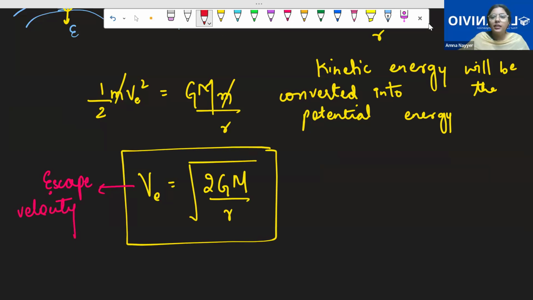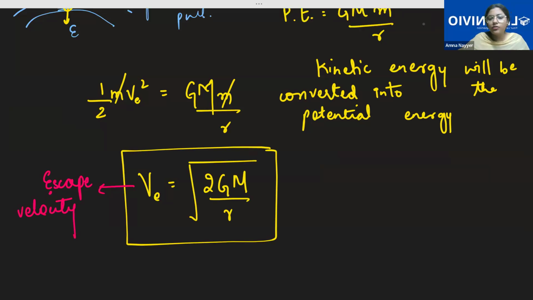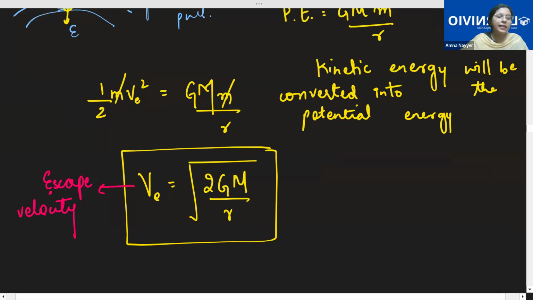Now see class, there was a formula of the acceleration due to gravity which we discussed. What was it? When we discussed the acceleration due to gravity, what was the formula? g is equal to capital G M by R square. R or R square? R square.